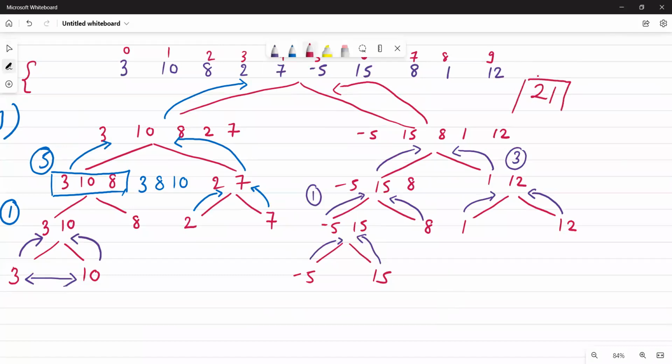Anyone figured out any change between the brute force and this approach? We are comparing the numbers here and checking if they are smaller or bigger. So what is the difference between the brute force and this particular approach? Anyone?